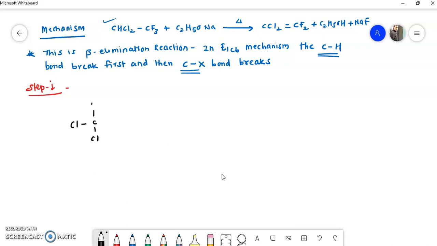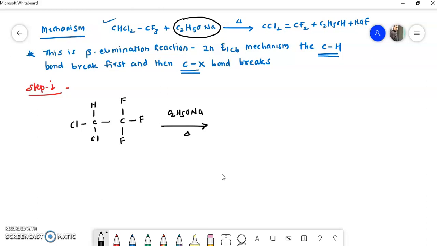Cl, Cl, here is a hydrogen, and here there are 3 fluorine atoms. And on the arrow we have used a base, this C2H5ONa, called sodium ethoxide, and it is a base.